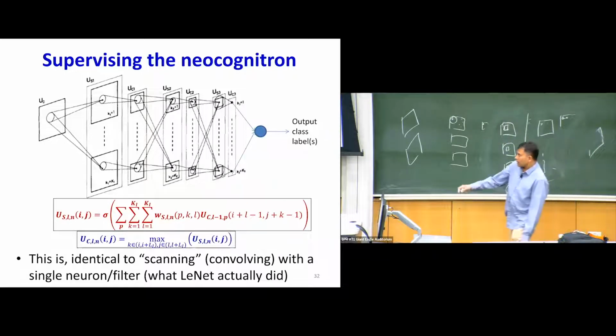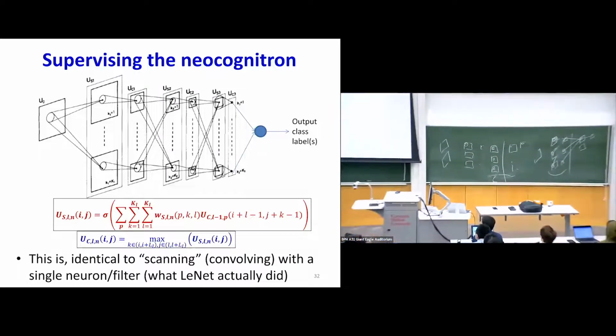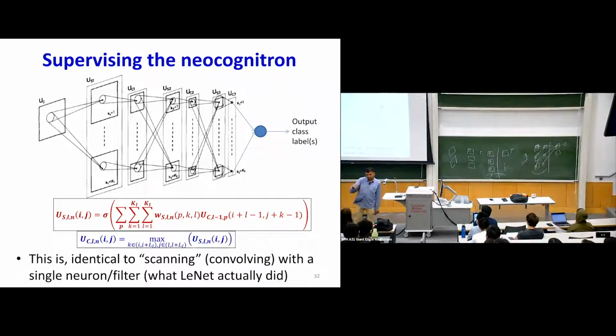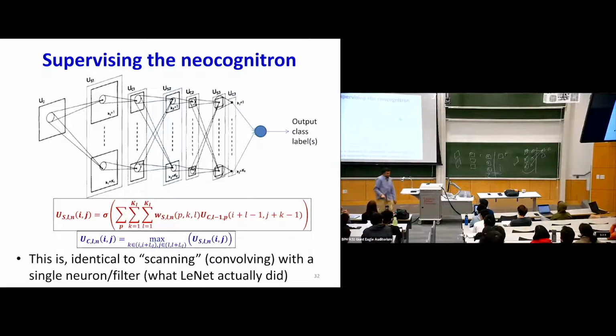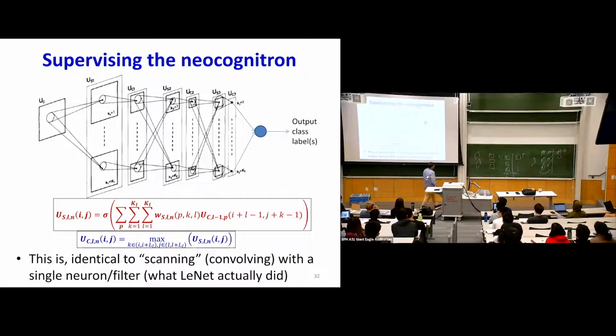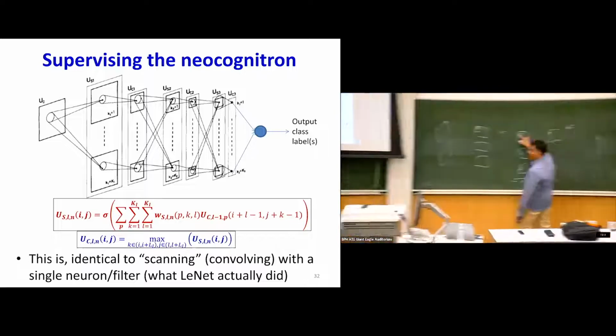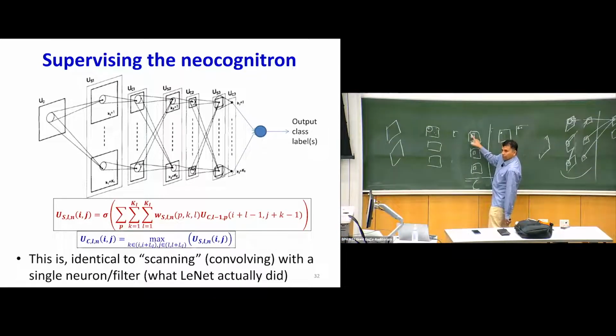So if you look at the equation over here, you're going to have these weights where there are three indices. The first is which plane it's looking at, and the next two are the position within the plane. And to compute the response of the cell, you would just first multiply each weight with the corresponding value in the C cell underlying it, right? And then sum it up.